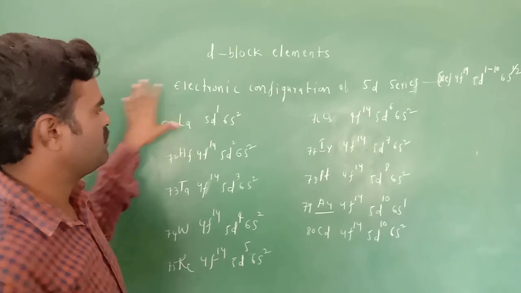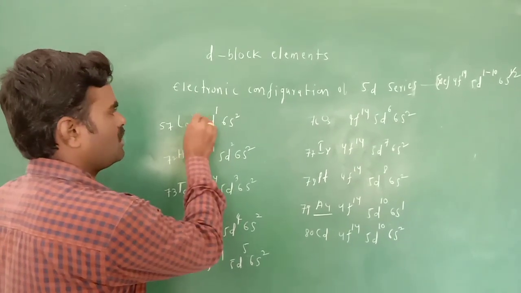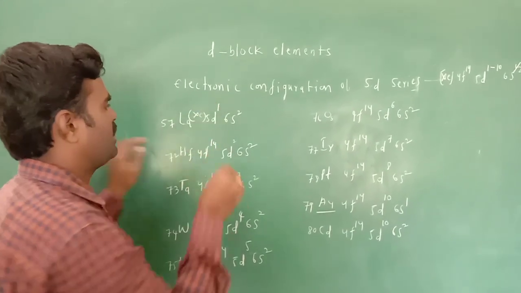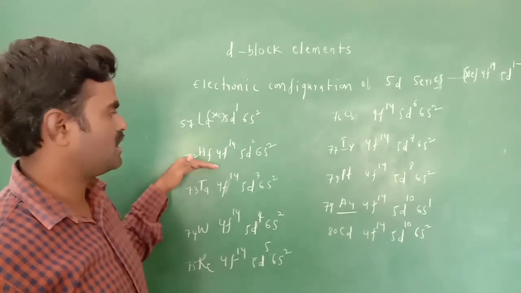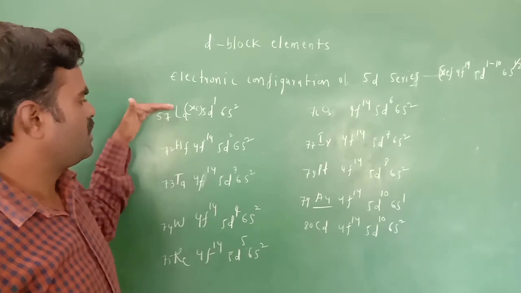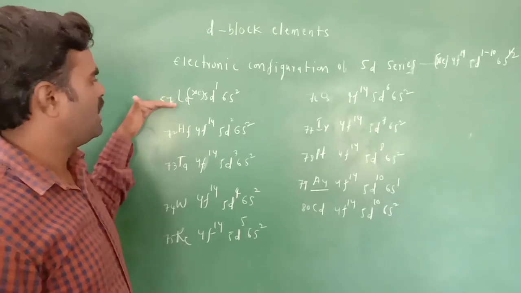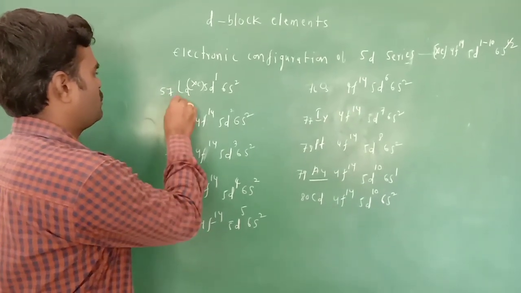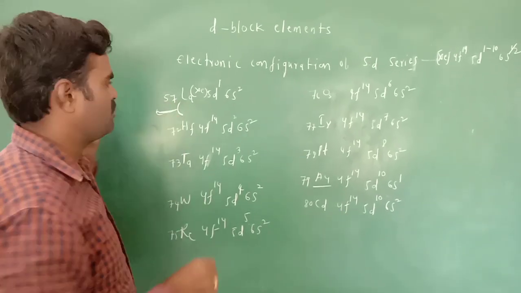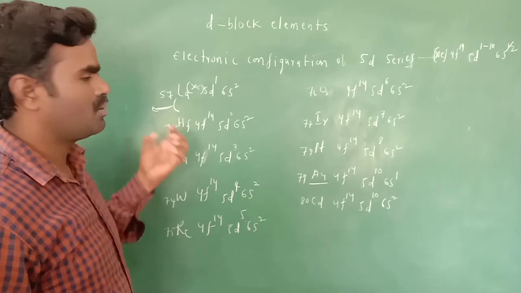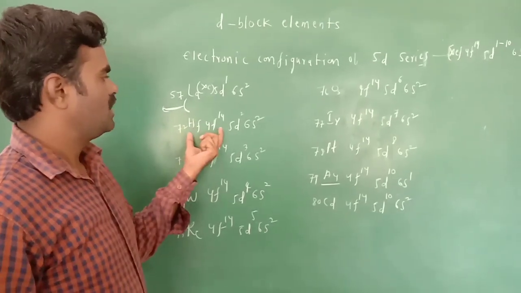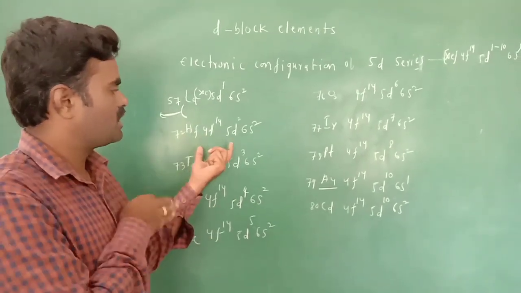The general electron configuration is xenon 5d1 and 6s2. In between lanthanum and hafnium, the lanthanide series is there, so the 4f orbital electrons are entering, and the 4f orbital is completely filled.